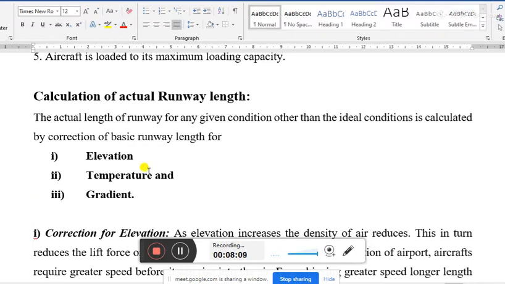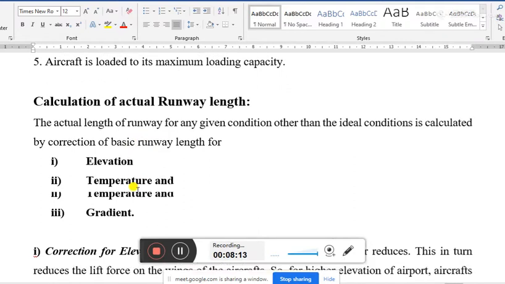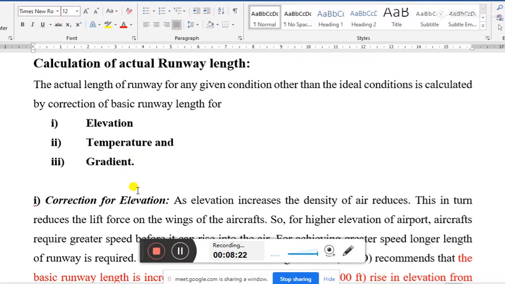Now, before coming to the corrections, the steps to perform the corrections, one thing that is important, that I have already told, is that a value of basic runway length is always given for any airport or any condition.